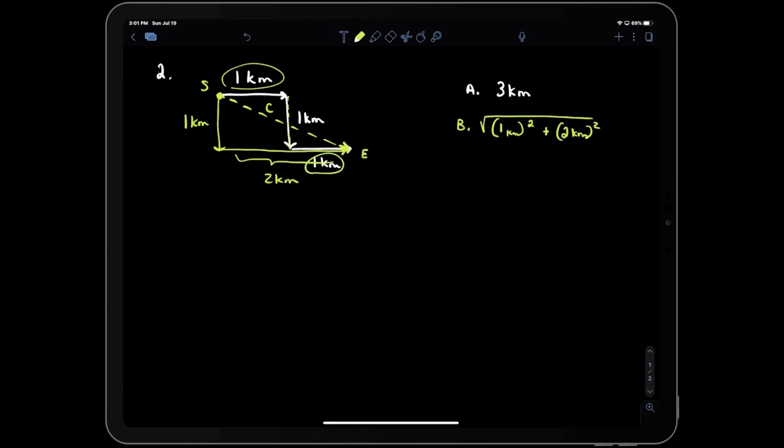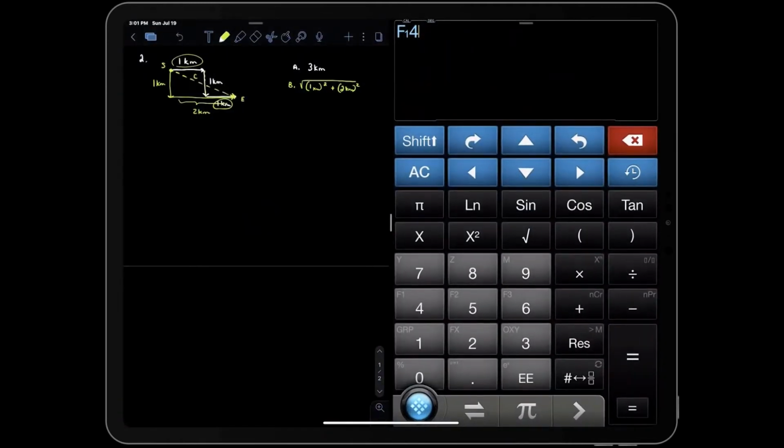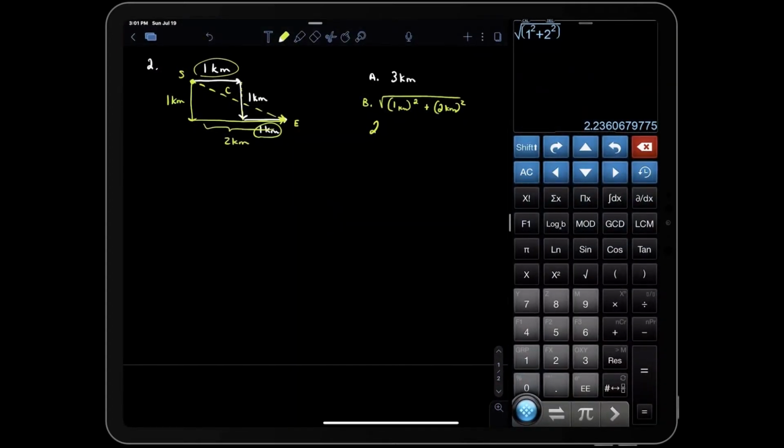All right. So again, calculator time, so that way you know how to put this into your calculator correctly. We're going to go square root. We have 1 squared plus 2 squared. Close it up. And you have 2.2. We'll leave it at 2.2. So we have 2.2 kilometers.